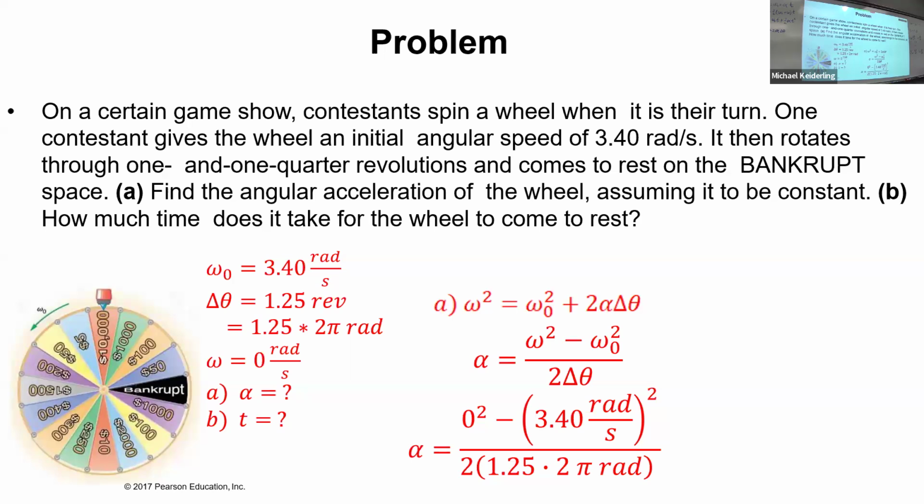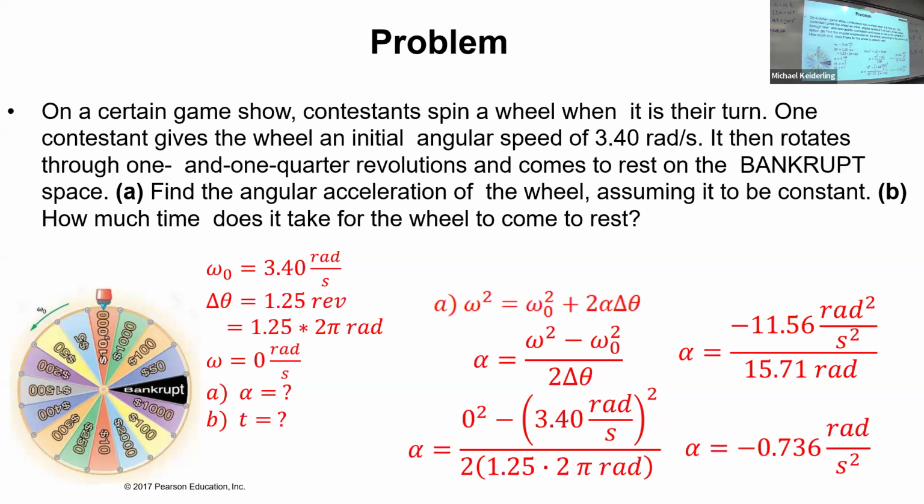So 0 squared minus 3.4 radians per second squared over 2 times 1.25 times 2 pi radians. So that's minus 11.56 radians squared per second squared over 15.7 radians, which is 0.736 radians per second squared.